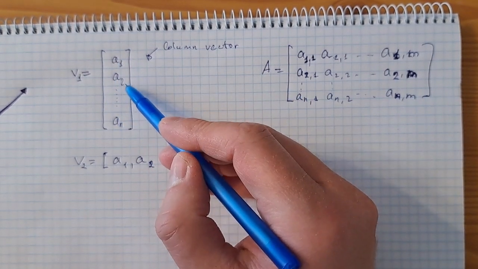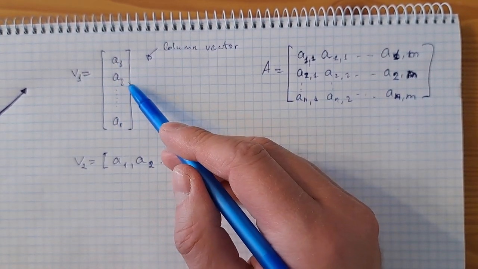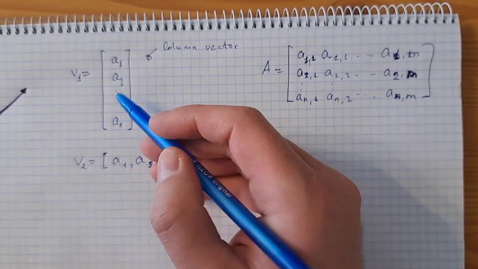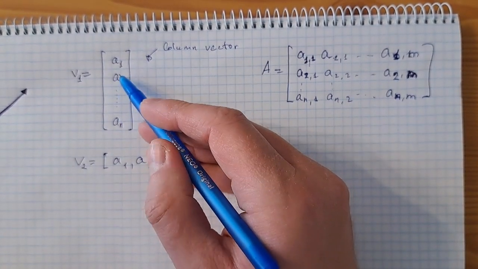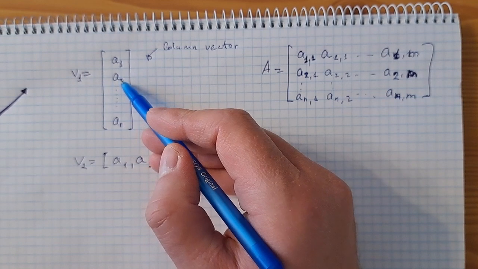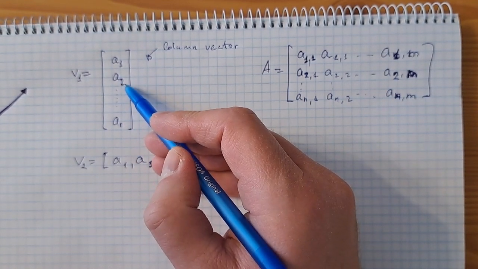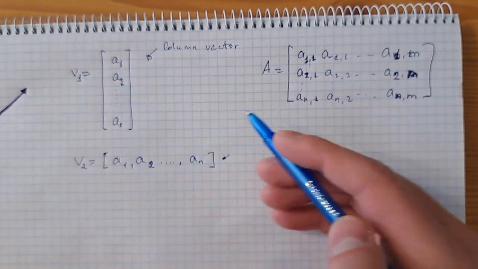So we skip the second index because it's the same. So basically, you see here, we say it's a row number, and so on.